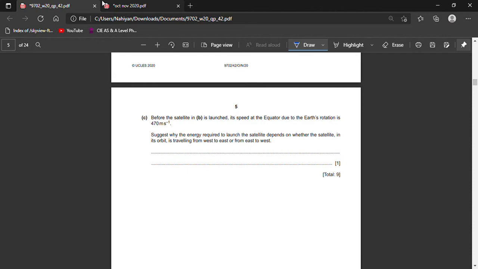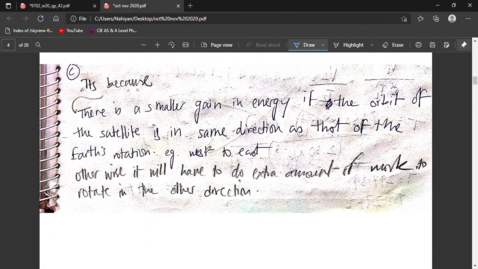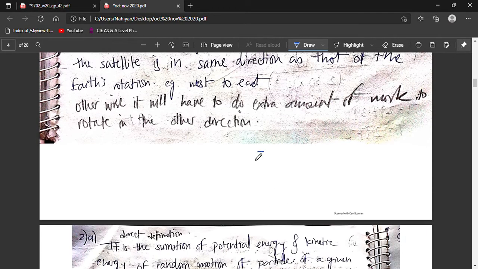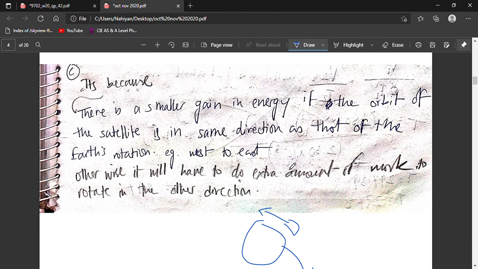Of course it matters, because there is a smaller gain in energy if the orbit of the satellite is in the same direction as the Earth's rotation, for instance west to east. Otherwise, if the satellite has to move in the opposite direction, it does an extra amount of work, which is not wanted.